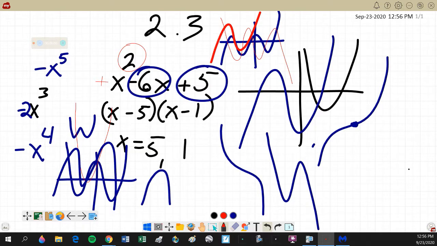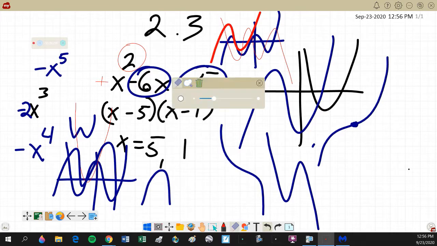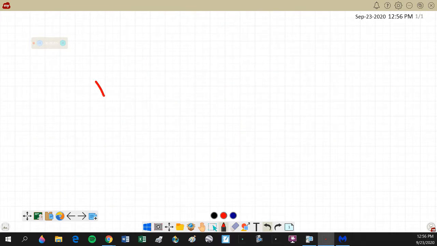So, if we did x to the 80th, what is it going to look like? It could have multiple w's, right? But what are the ends going to look like? They're going to go in the same direction.